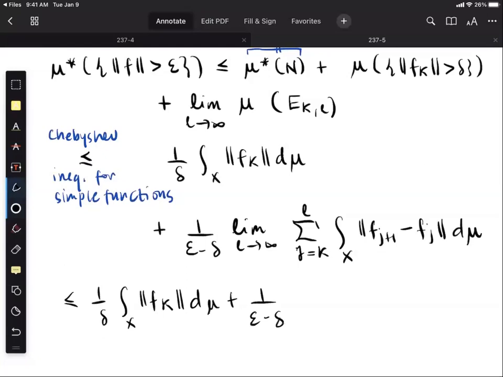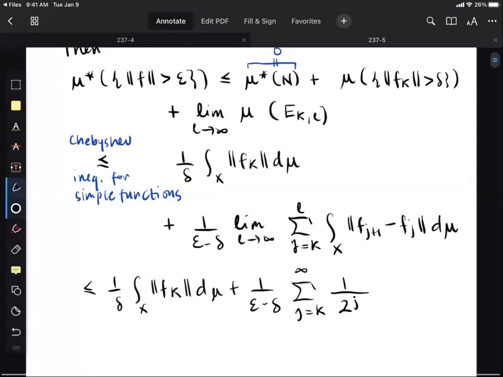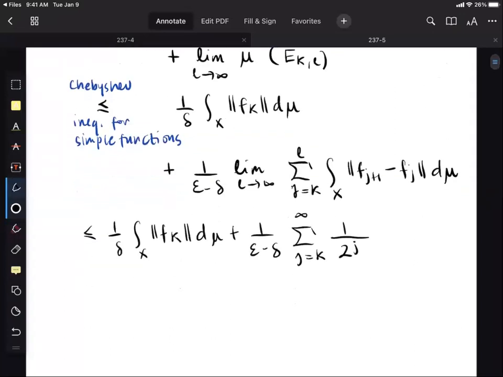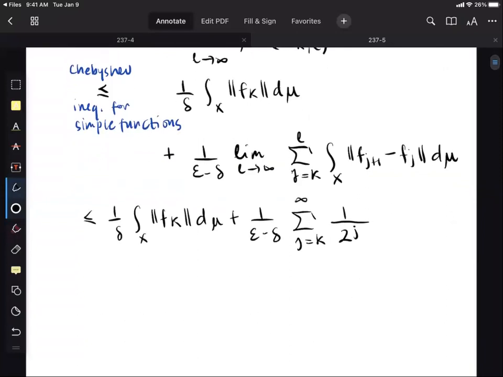In here, you have an infinite series. If you pass L to infinity, and by construction, the distance between two consecutive functions is 1 over 2^j. So now we pass k to infinity.